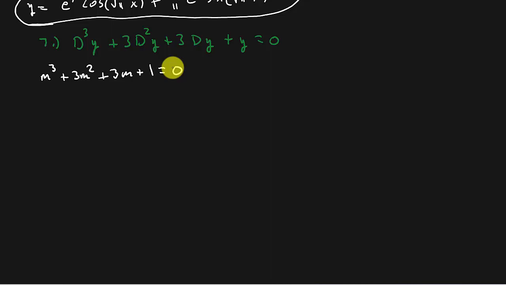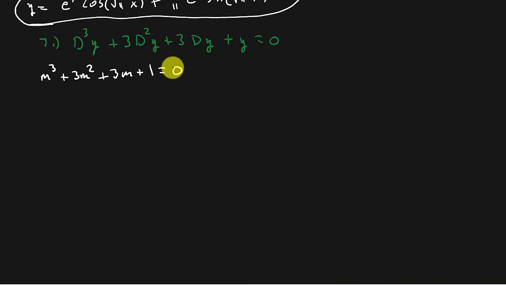Well, I'm not going to go through all the steps, but one way you can do this is look up solving polynomials using synthetic division. You can search for that video on my channel and it'll show you how to do it.